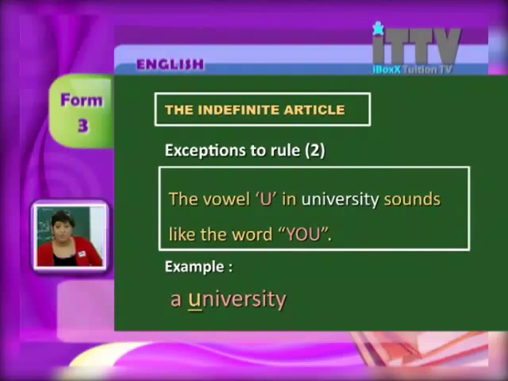Another exception to the rule is the vowel U in university. It sounds like the word you, when you spell Y-O-U. For example, again, which was given to you earlier, a university. You say a university.